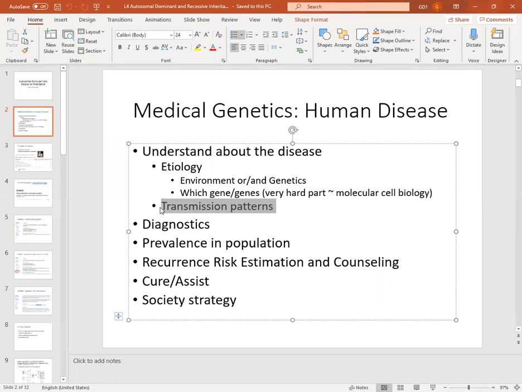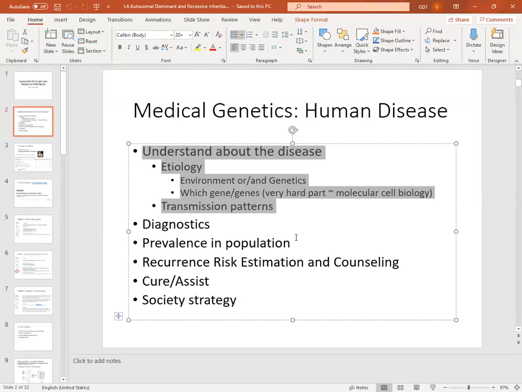If you know the transmission, you can do a lot of things. Like you can predict the risk of the next generation having the disease or not, or how many percent, and the recurrence risk. That's a topic we can discuss deeper in the later slides of this presentation.